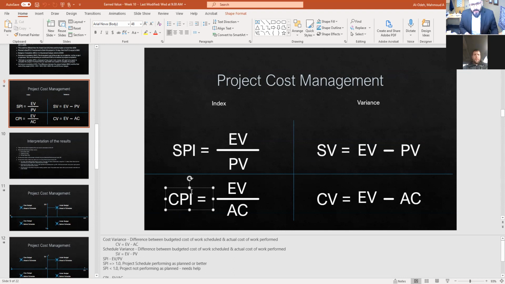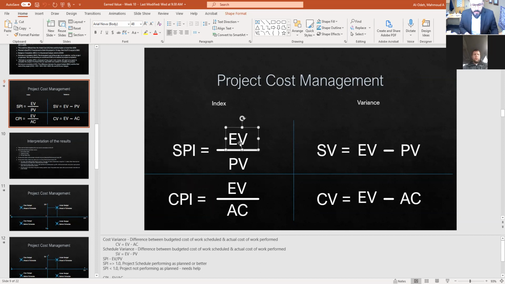The second one here on the right side, the variance, should be positive. So what does positive mean? That you're doing great. Your project is not behind budget, it's under budget, and on the schedule.